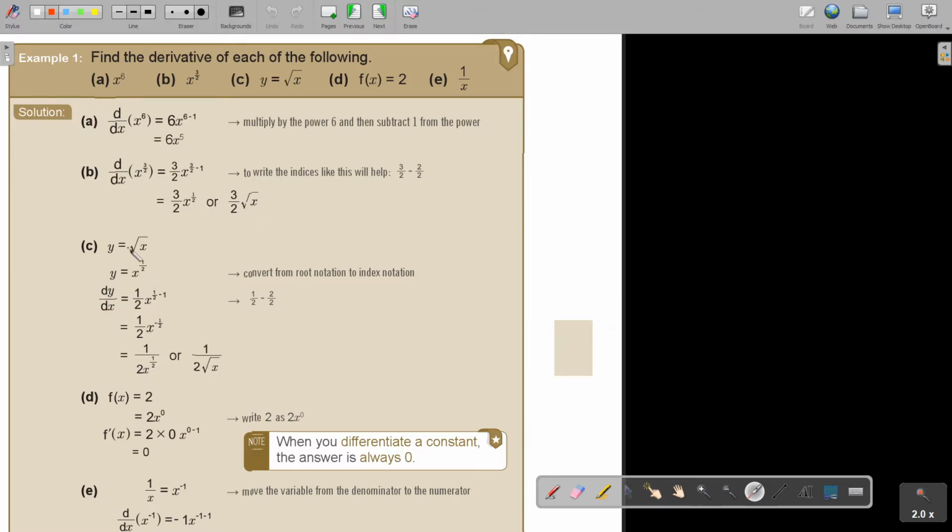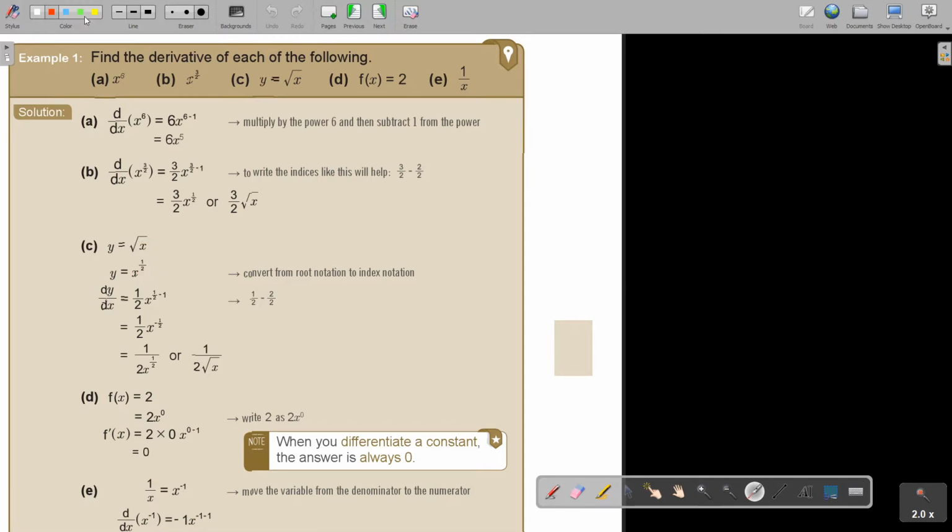Now if you look at this example, there was not a y before, but now I see a y, so it will be better to say dy by dx. Before we differentiate, if you see that the variable is inside a root, first take it to an exponent.